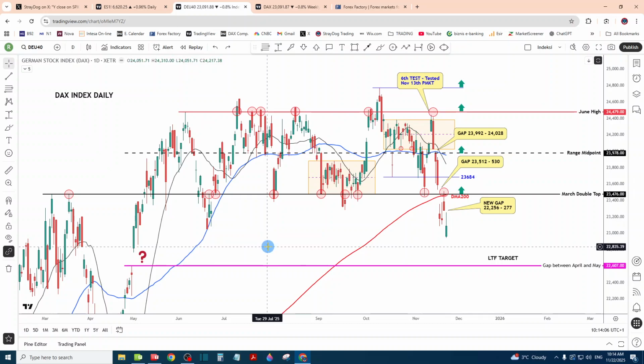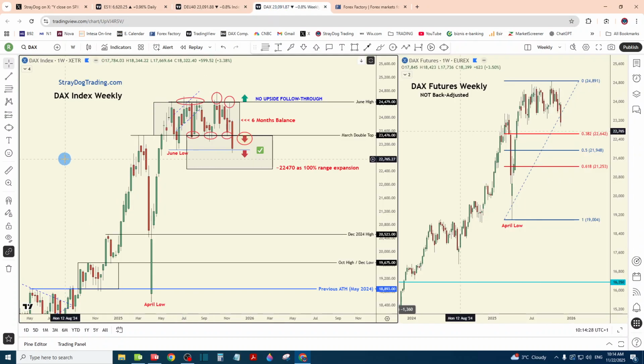We are looking at the same as on the S&P and Nasdaq, the weekly low, which is again the Friday low. On the upside, we are watching this gap and this area here. On the downside, below the weekly low or Friday low, we are watching the large time frame target, which is this gap here, the gap between April and May. Let's go higher now on the weekly chart. Let's stick with the DAX.